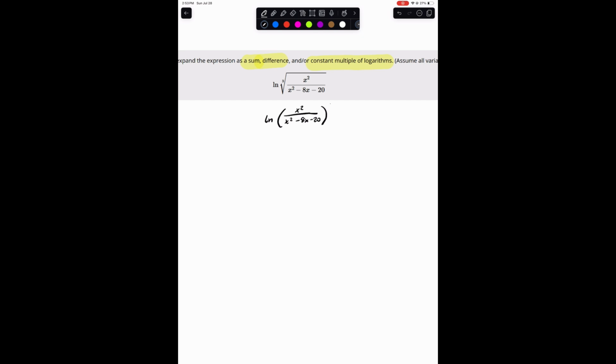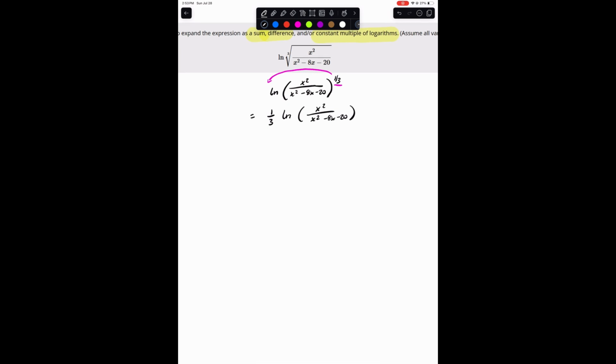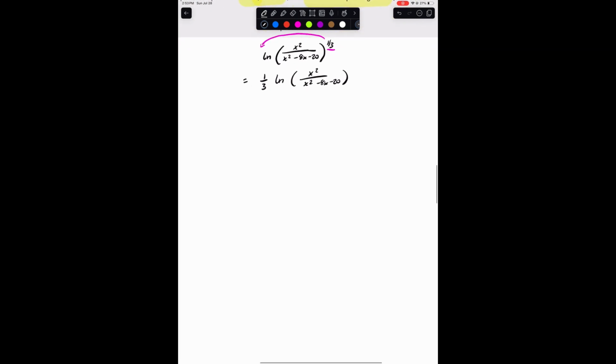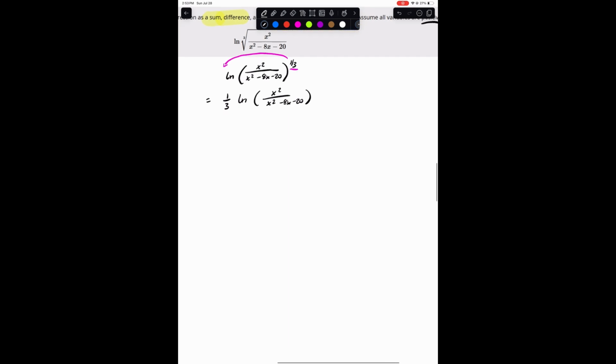Instead of cube root, I'm going to do a 1/3 exponent. This way I can move this over here, and we get 1/3 natural log of x squared over x squared minus 8x minus 20. From here, I would use the division law. Actually, I won't use it quite yet. I want to factor out that numerator real quick.